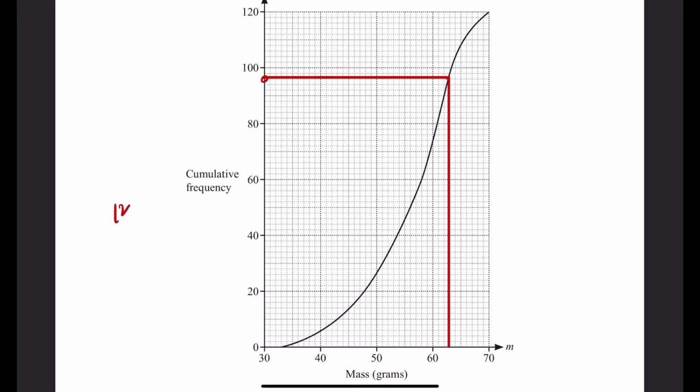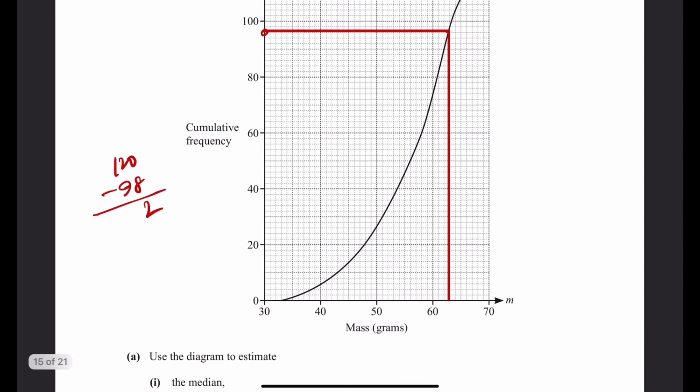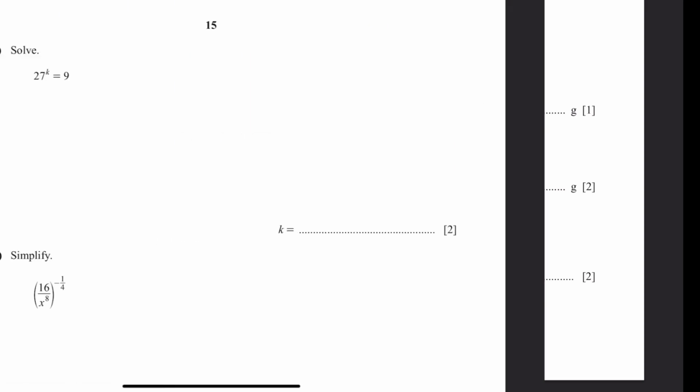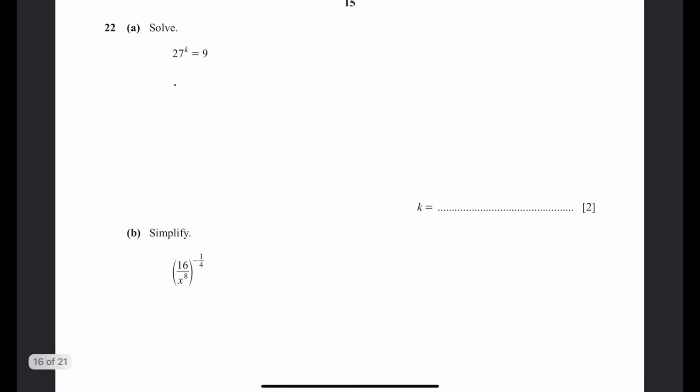So 120 minus 98, that is 22. Solve this inequality. So we can write it as 3 to the power k equals 3 square.